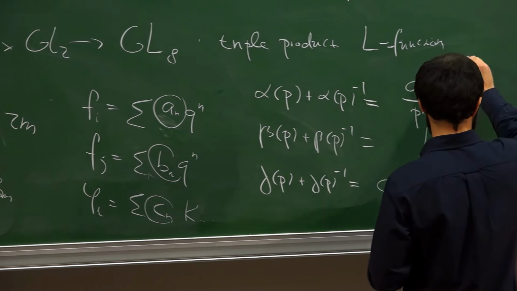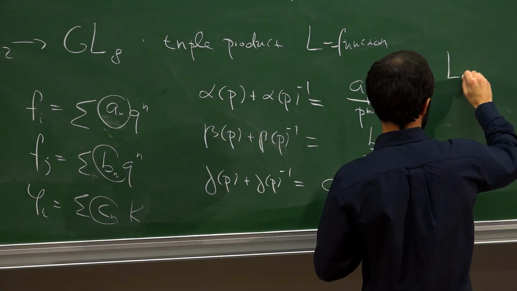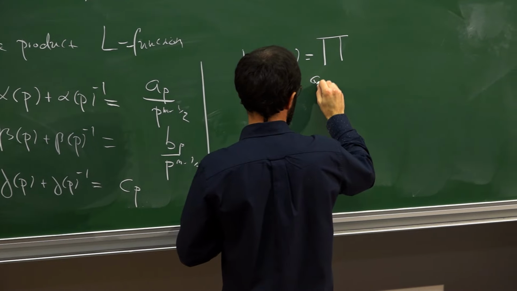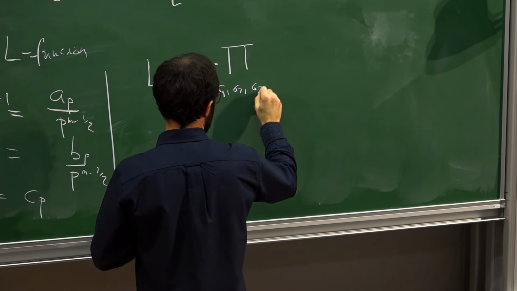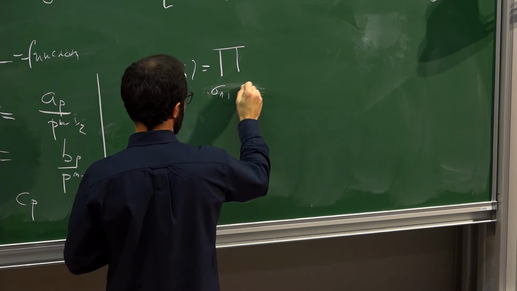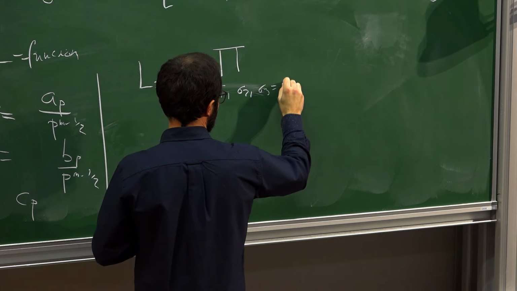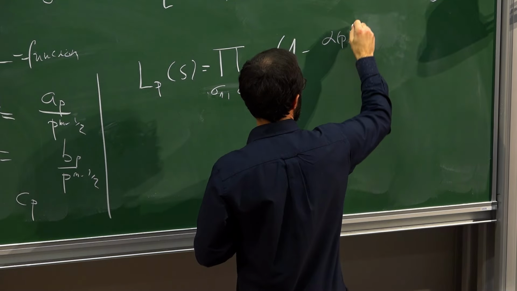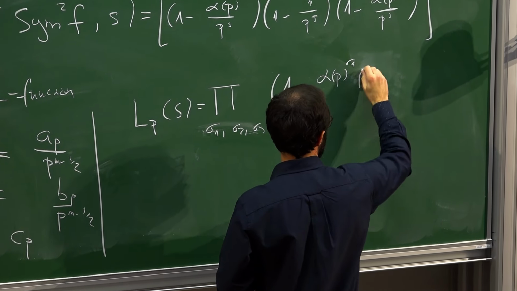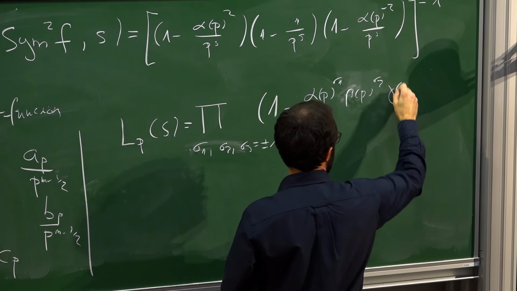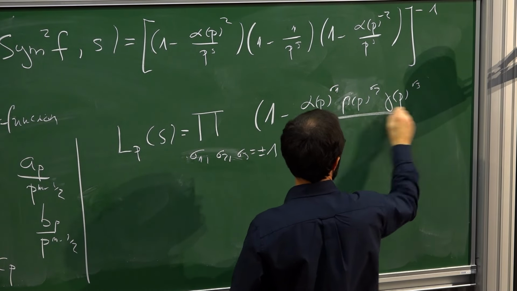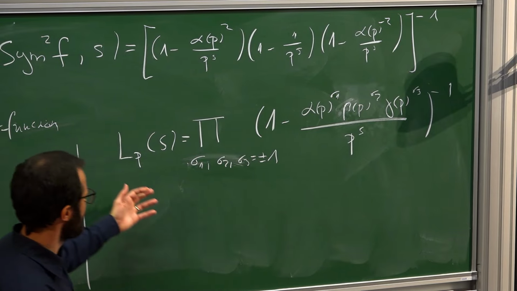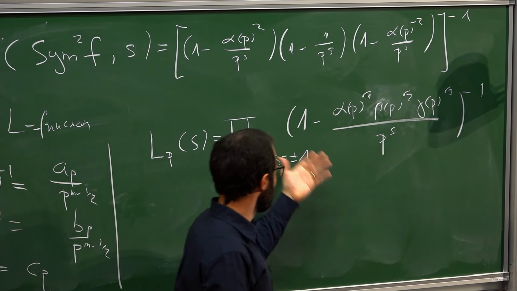But now let's build the degree 8 L function, where the local factor has 8 terms. Sigma 1, sigma 2, sigma 3 are plus or minus 1, and we put 1 minus alpha p to the sigma 1, beta p to the sigma 2, and gamma p to the sigma 3, over p to the s, all to the minus 1. So this is degree 8 because this product has 8 terms.